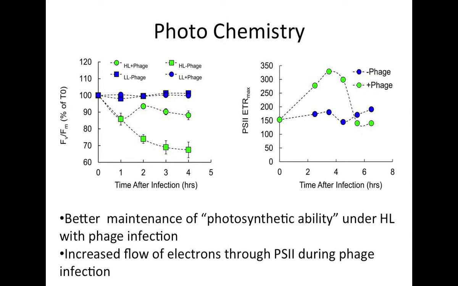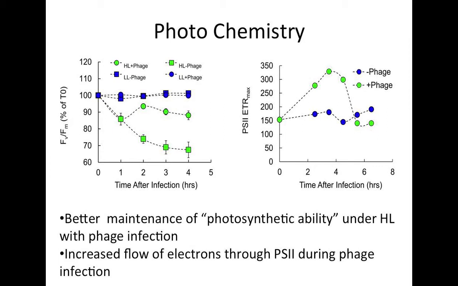So we have high light and low light infected cultures, with and without phage, and what we're able to show is that in the high light conditions, if phage is present, it maintains a higher photosynthetic capability compared to the low light conditions. So it's suggesting that the phage is providing some mechanism to increase or maintain the photosynthetic ability of the cell.